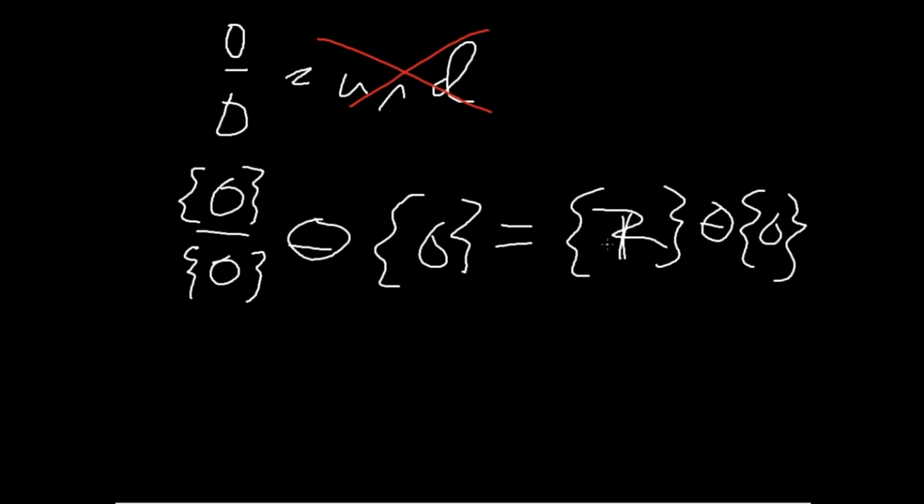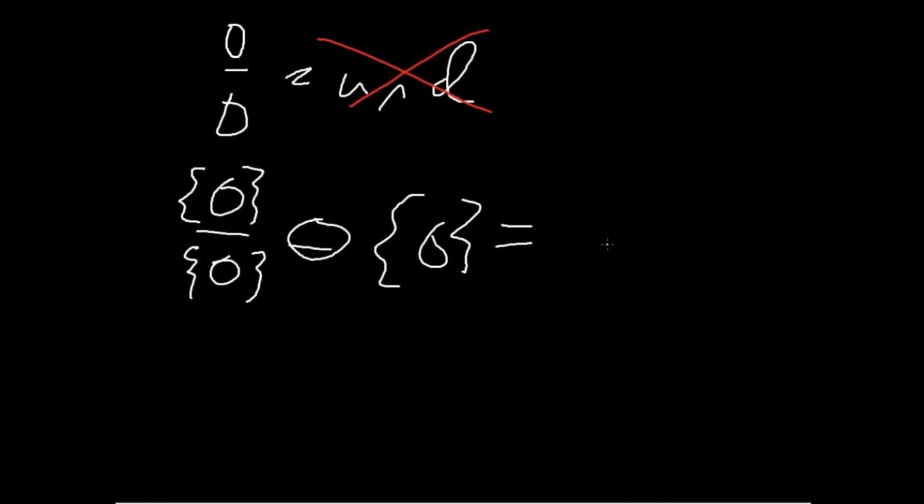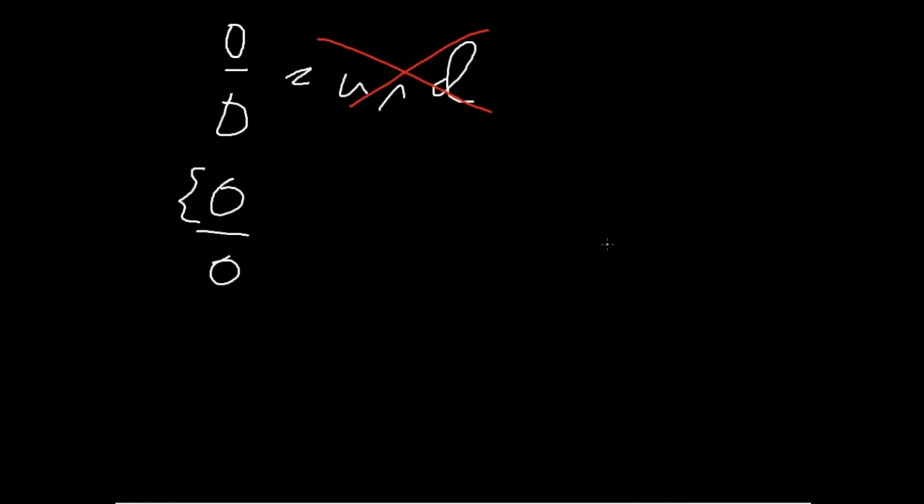Okay, well, what's an interesting thing we can do with this? Well, we know that any non-zero number in the denominator with a 0 in the numerator equals 0. Doesn't it? 0 divided by 5 is 0. 0 divided by 10 is 0. 0 divided by negative Graham's number is 0.